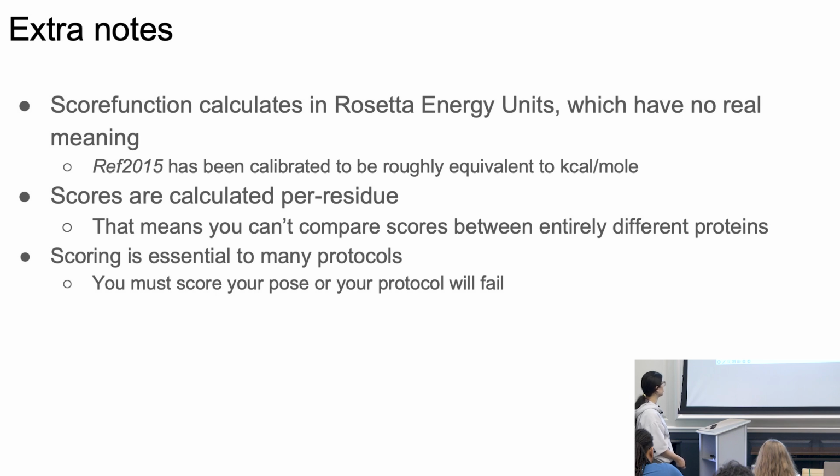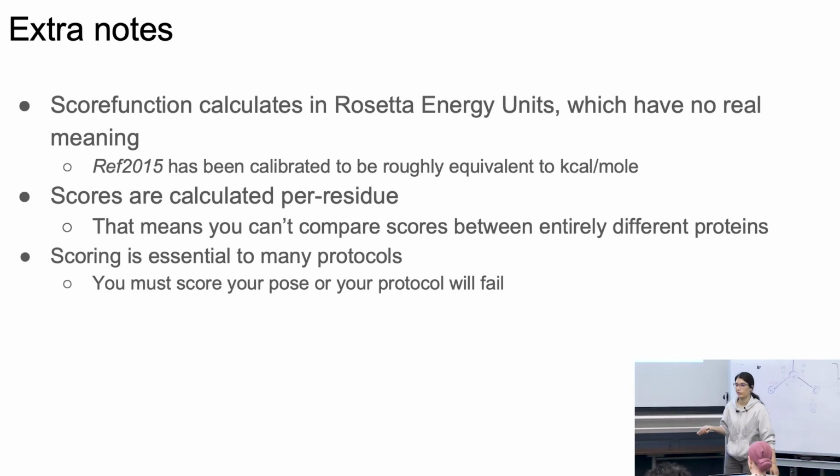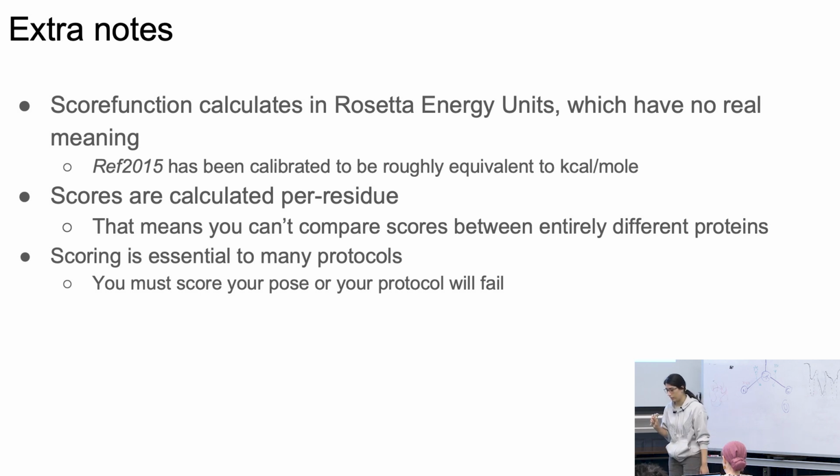And you also need to score in, I guess, various conditions depending on your problem. So if your problem is not entirely well addressed, it's also possible that no energy function in Rosetta really gives you any insight.